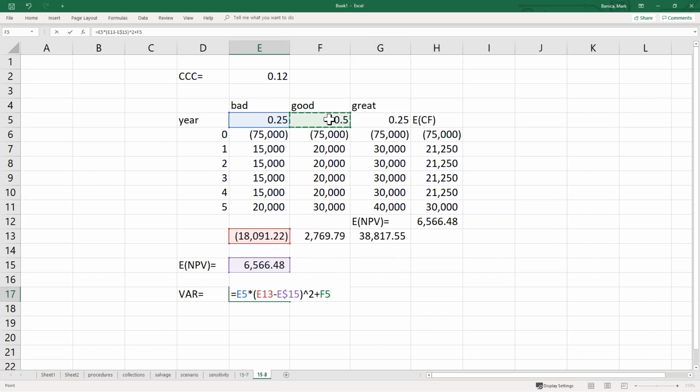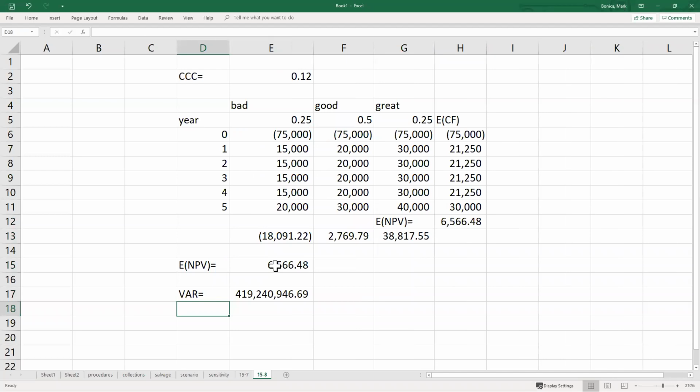So I just do this probability times the NPV of the scenario minus the NPV of the project squared, plus the probability of the third one times the NPV of the scenario minus the expected NPV of the overall project squared.